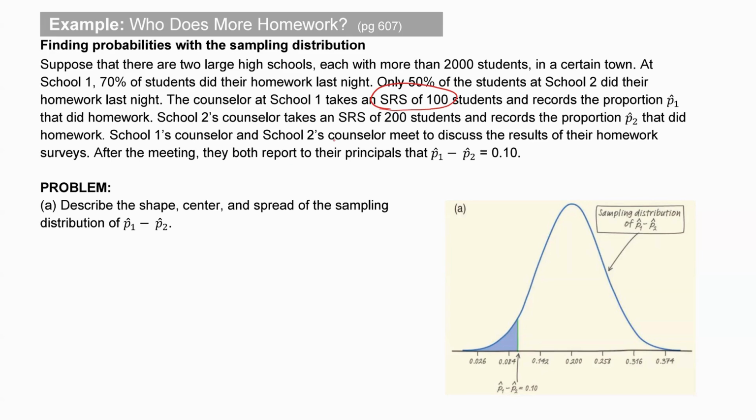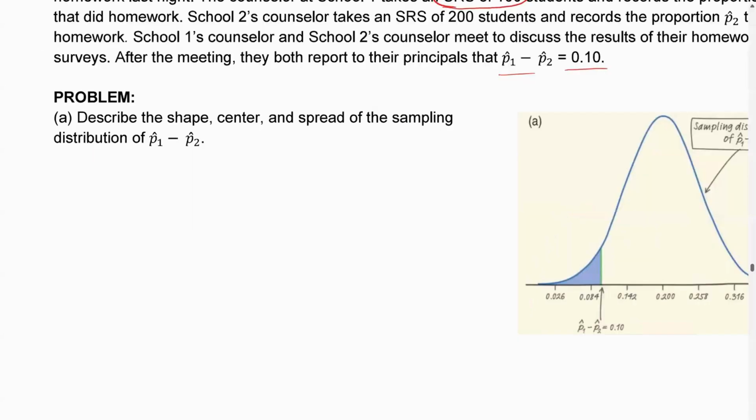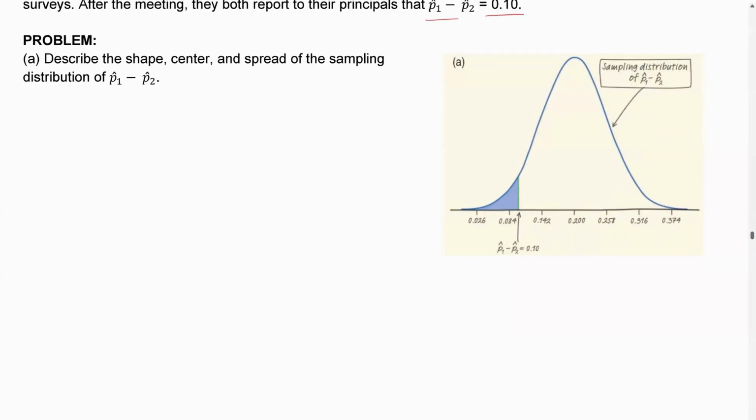School 2's counselor samples 200 students and gets a p hat 2. They meet together and find that the difference in these proportions is 10%. Is that a strange outcome? Well, let's see if we can figure that out. First of all, let's talk about the distribution from which that 10% comes: the distribution of the difference of p hats.